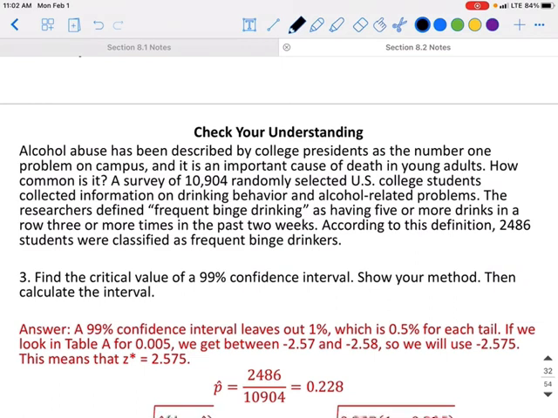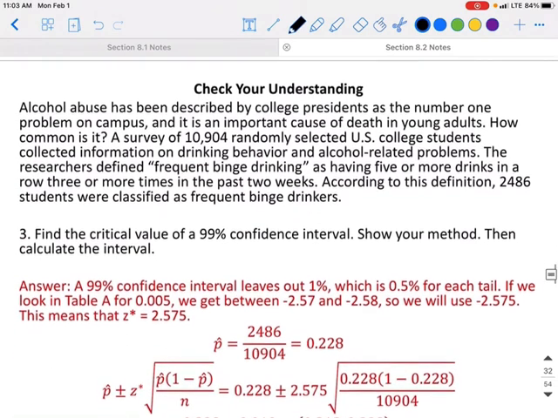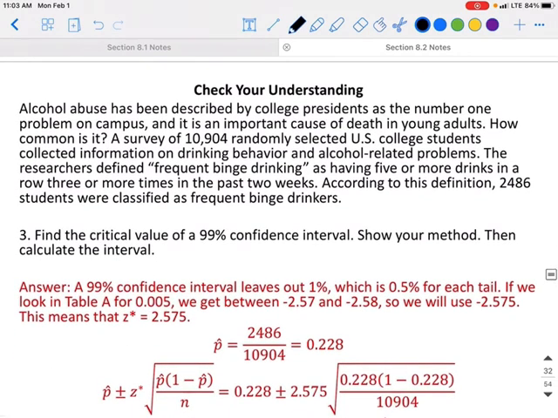We know that our p-hat, or our sample proportion, is going to be 0.228 because we know our number of successes, our number of binge drinkers, and we know our total sample size. To find our interval, we're going to do our p-hat plus or minus that z star times the standard deviation for the sample.